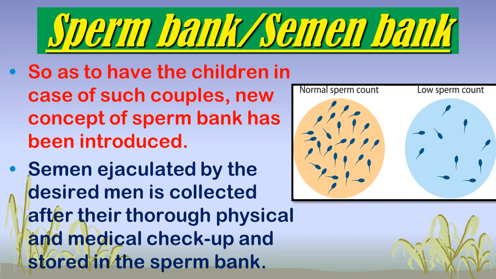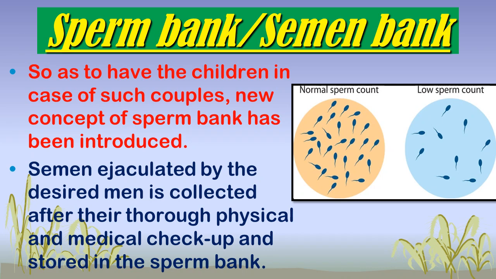So this is a technique in which a sample from a man having a normal sperm count is collected, and first a medical checkup and all the checkups are done in the laboratory, then the semen sample is stored in the sperm bank.